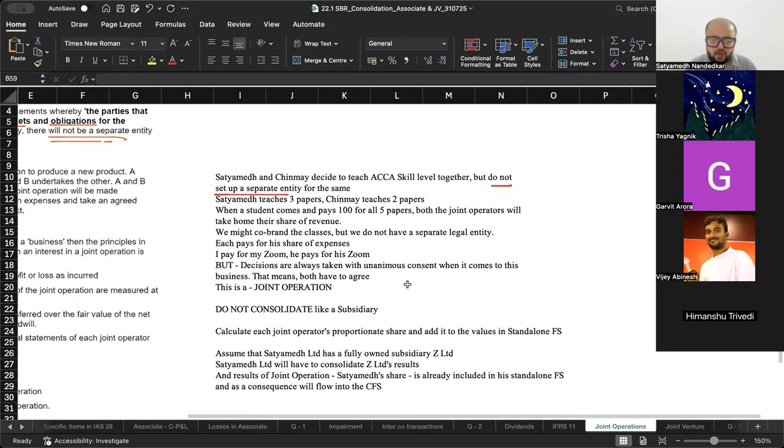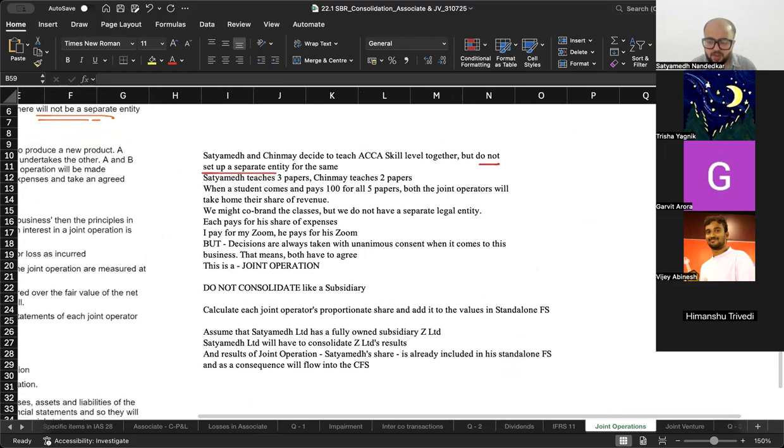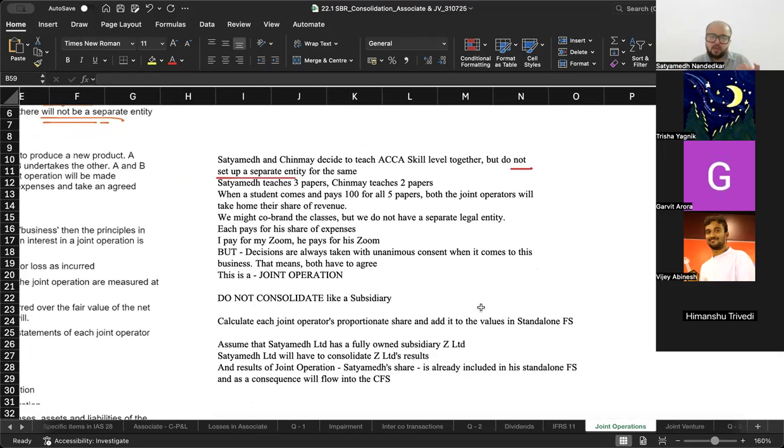Okay. Now have a look at this simple example to understand how the joint operation functions. It does not have to be consolidated like a subsidiary. Please keep that in mind.